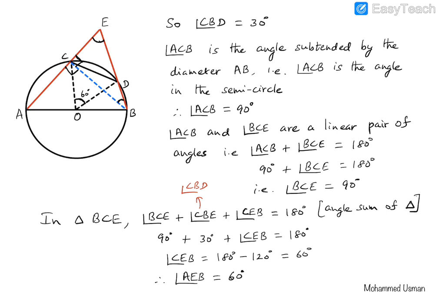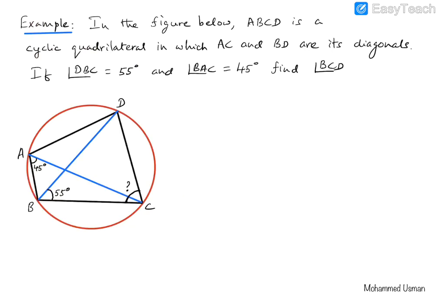Let us now do one more example, and we have this figure given here in this example, wherein it is stated that the quadrilateral ABCD is a cyclic quadrilateral. That means all the four vertices are lying on the circle as seen in the figure. And we are given that AC and BD, the blue lines, are the diagonals of this quadrilateral.